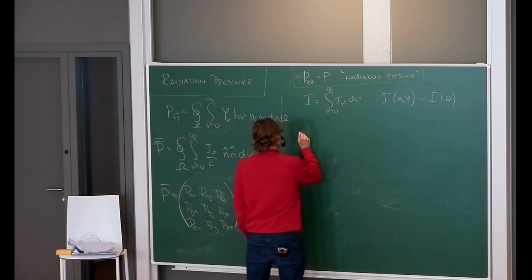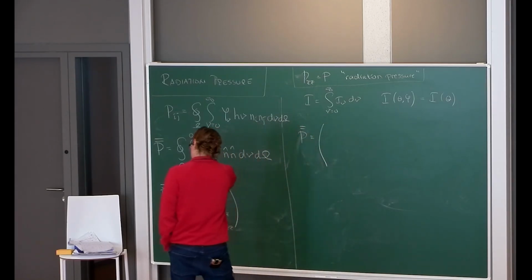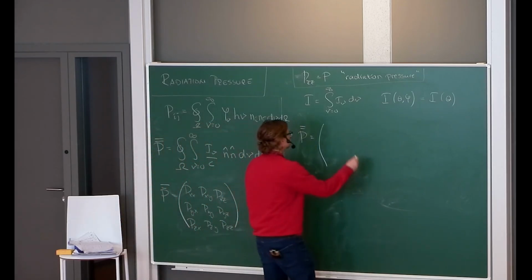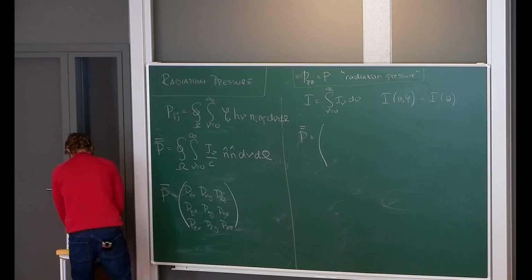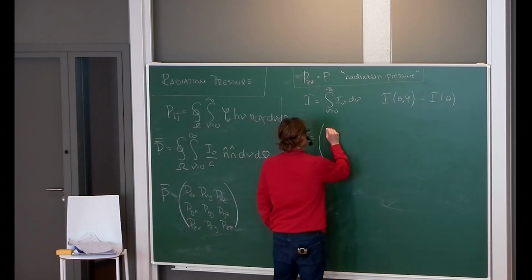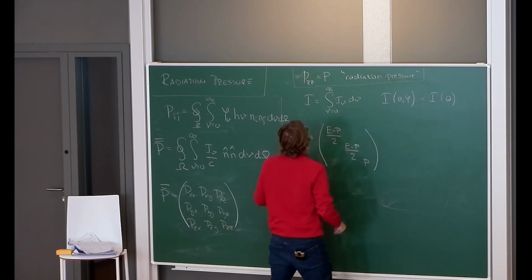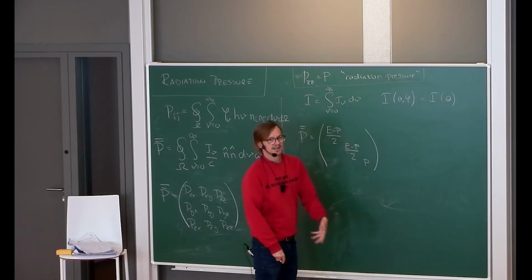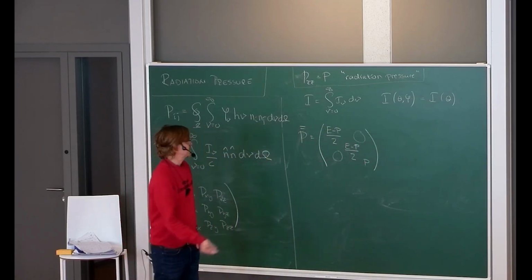Specifically, we're going to show that you can write it in Cartesian coordinates again in this form: E minus P divided by 2, E minus P divided by 2, and P, where indeed now I identified PZZ with P, and as was pointed out from the audience, the off-diagonal terms are 0 in this case.